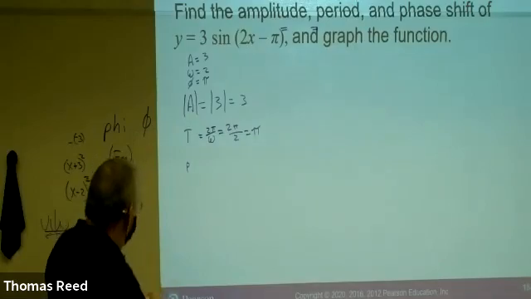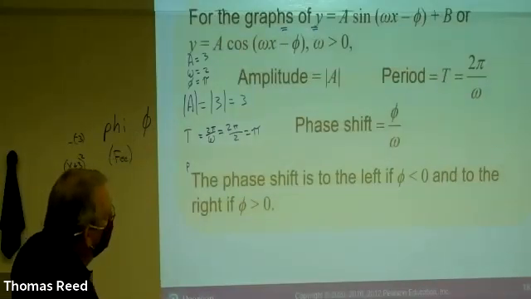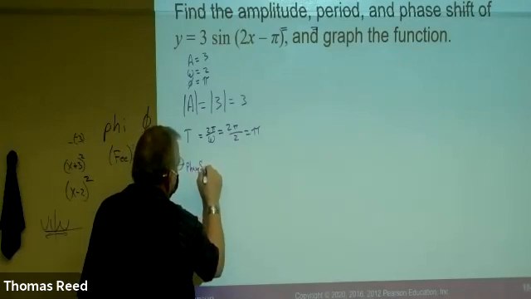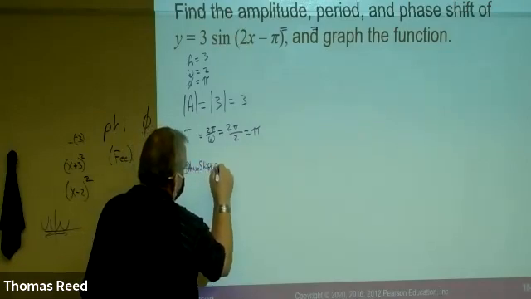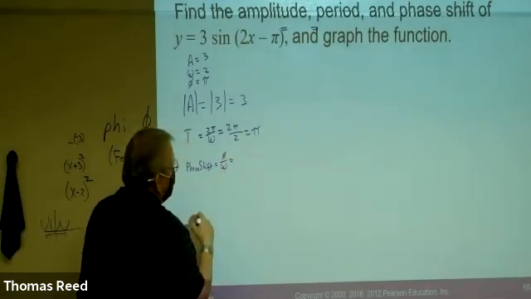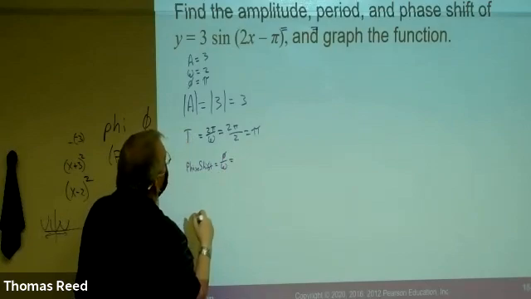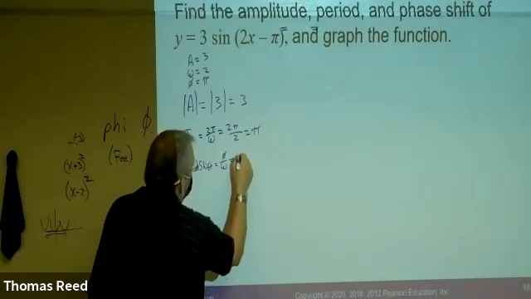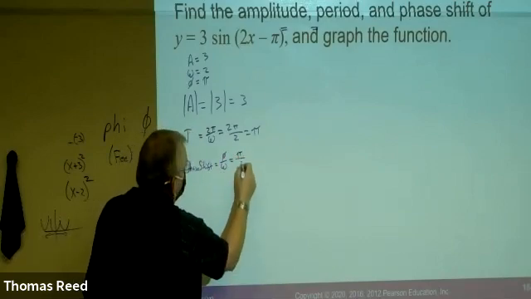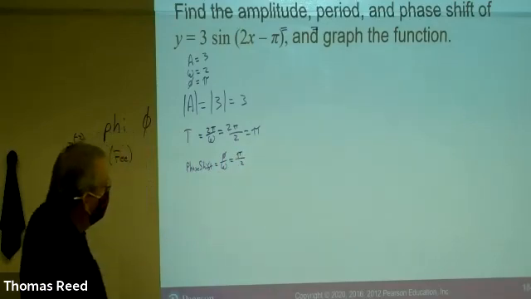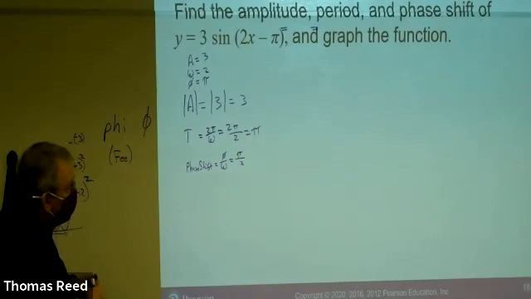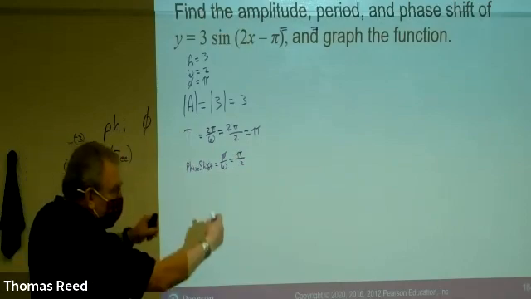Do they use a letter for phase shift? No. So phase shift is phi over omega, and phi is pi, and omega is 2. So the graph is shifted 1/2 pi to the right.